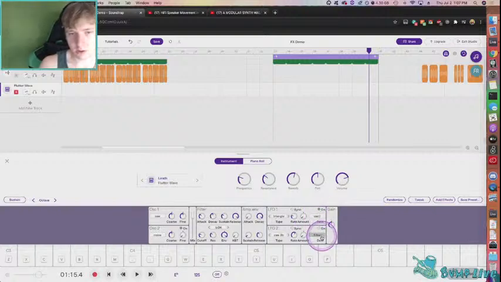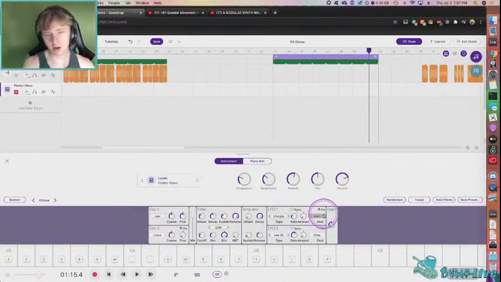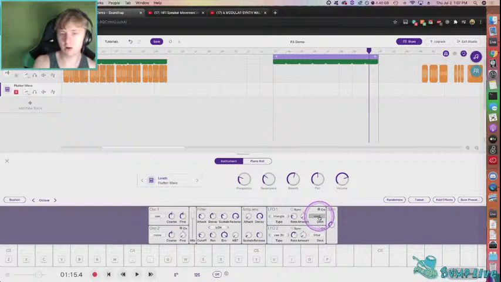Oh, it's gotta be turned on as well. Oh! Yeah, you gotta turn it on. And the oscillator is actually the pitch of the oscillator. It's not the volume. Yeah, it's the pitch of the oscillator, not the volume. You can't hear it because oscillator 2 is all the way down.